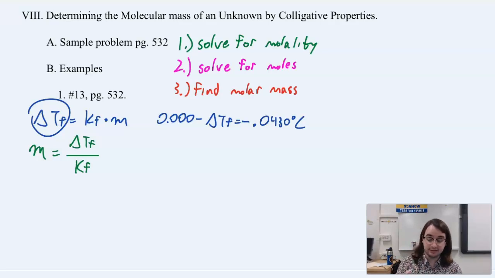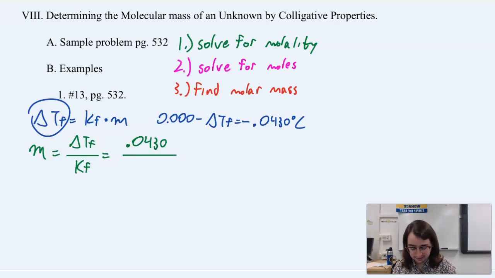In other words, delta Tf is just the difference between the original freezing point and the new freezing point. So in that case, delta Tf must be 0.430. That makes sense, right? So now we're going to divide that by Kf. And Kf is a given.